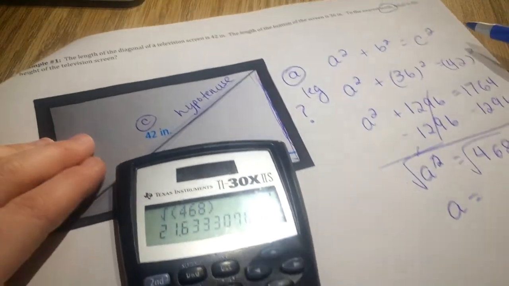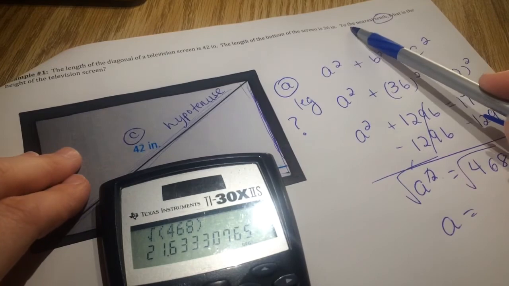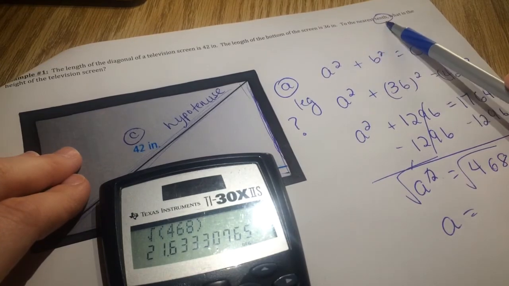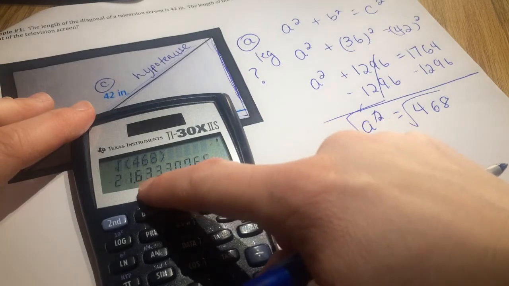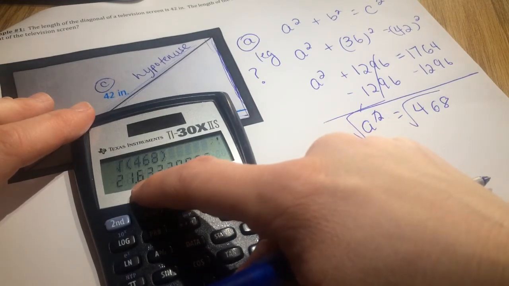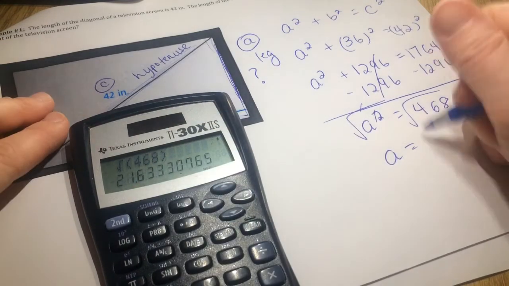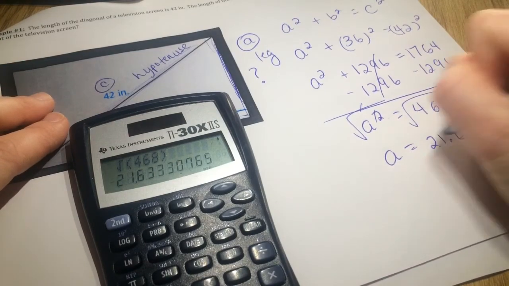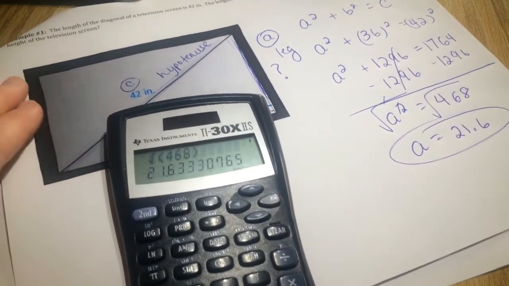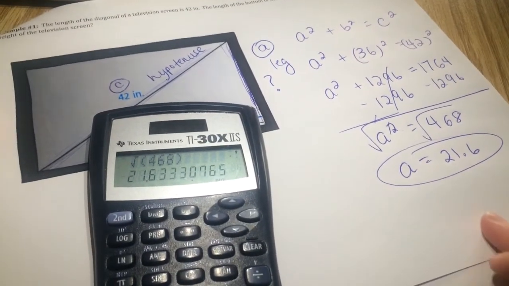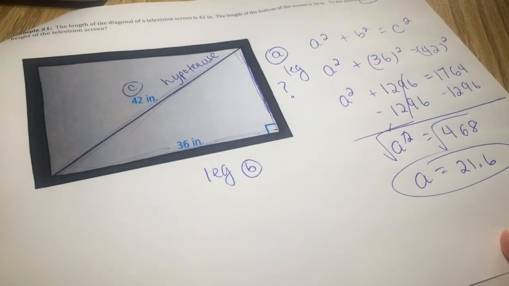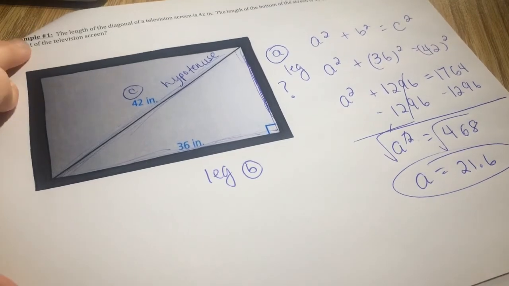Let's go back to the question, and it asks us up here to round to the nearest tenth. The tenths place is 1 past the decimal, so it would be 21.6. A equals 21.6. The last thing we need to do is write a sentence out answering what they're asking for: what is the height of the television screen?